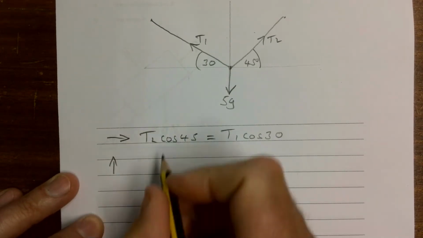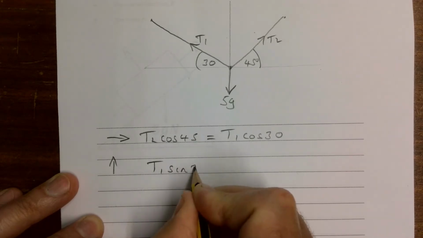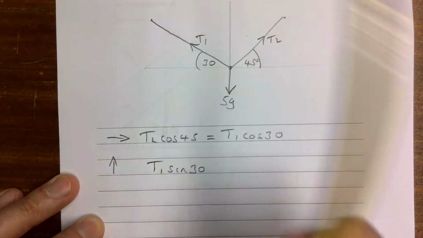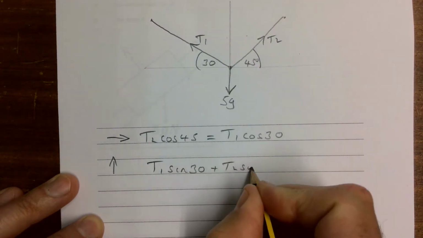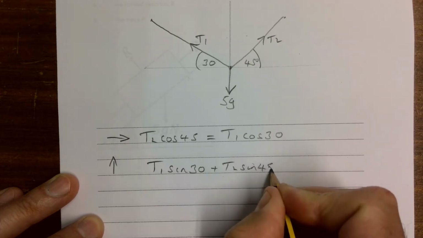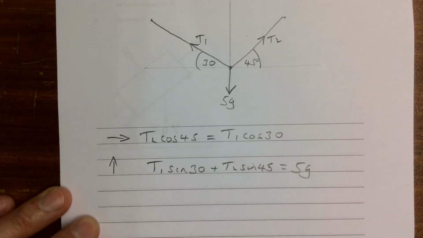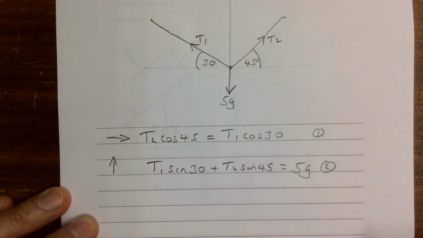Going this way then, we're going to have T1 sine 30. I hope we're getting used to this now. We're resolving this direction here. I didn't go across the 30. Plus T2 sine 45 equals 5g, and that acts straight down. Calling this equation 1, calling this equation 2.